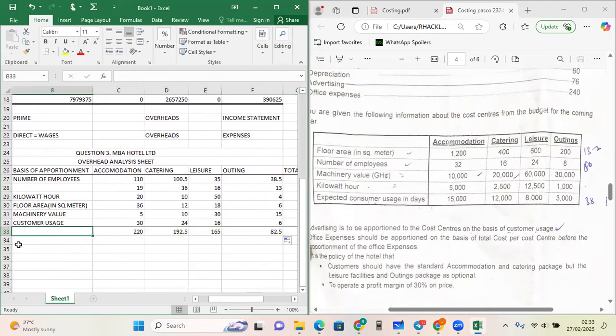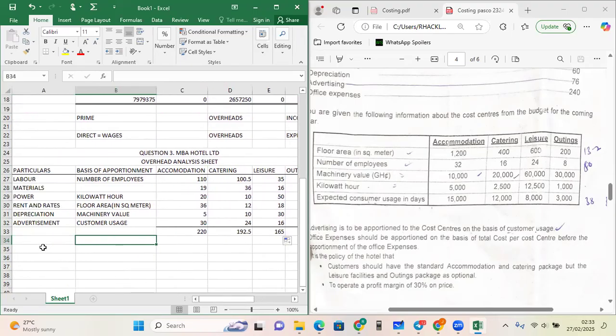Right now, I bring my office expenses on the basis of what? Total cost.